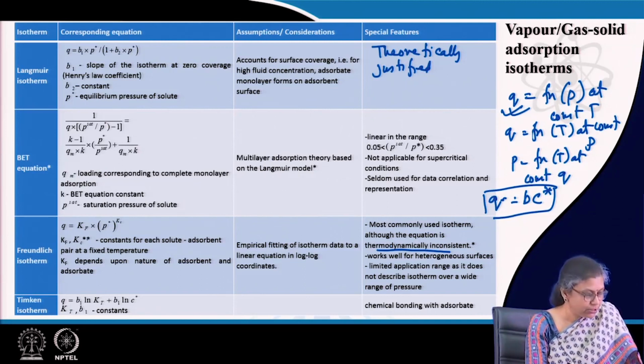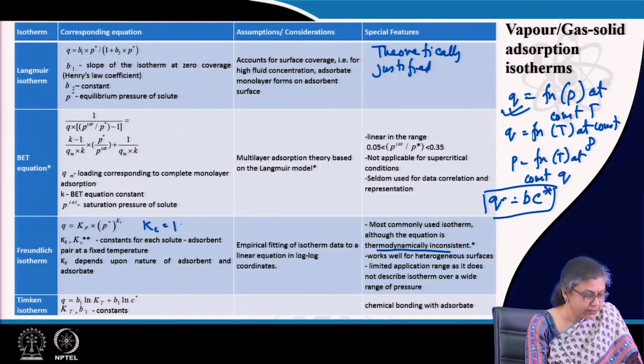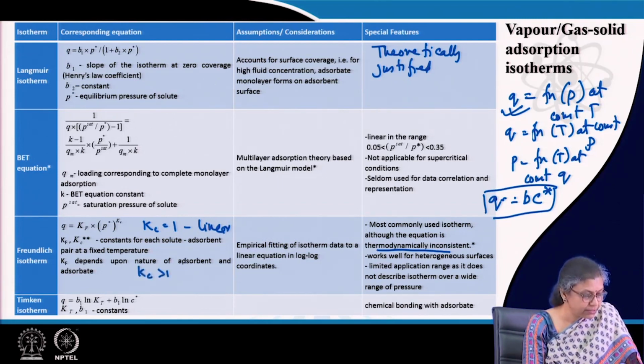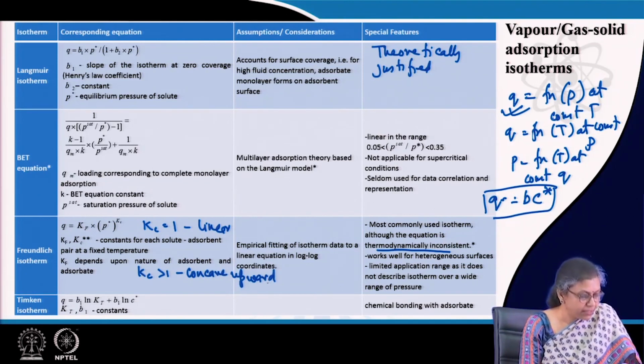In this equation, when Kc equals 1, the isotherm is linear, and when Kc is greater than 1, the isotherm is concave upward, which indicates good adsorption capacity.